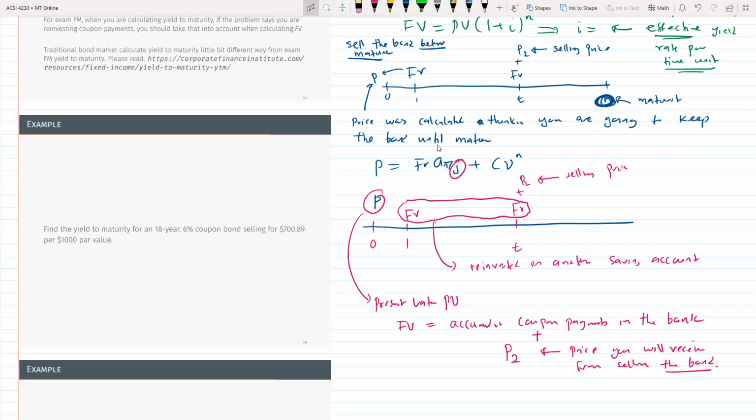So now you can just write that nice formula: future value equals present value times (1+i)^t, because you are selling at time t.